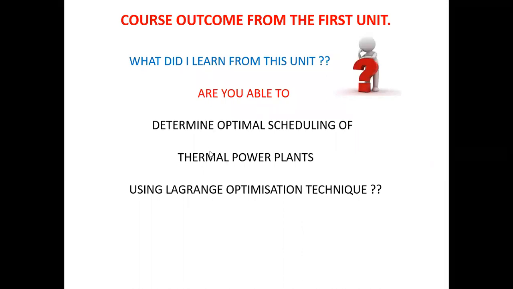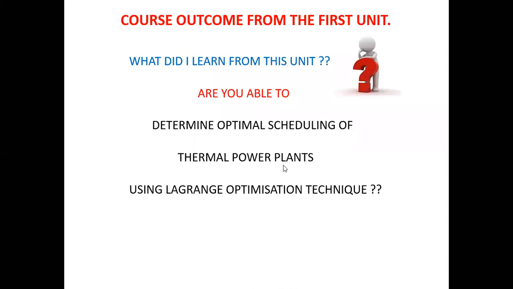So if you are able to solve this type of problem by using a Lagrange optimization technique, yes, we achieved our course outcome from the first unit. That is the meaning of a course outcome. We can say course outcome 1, or simply CO1.